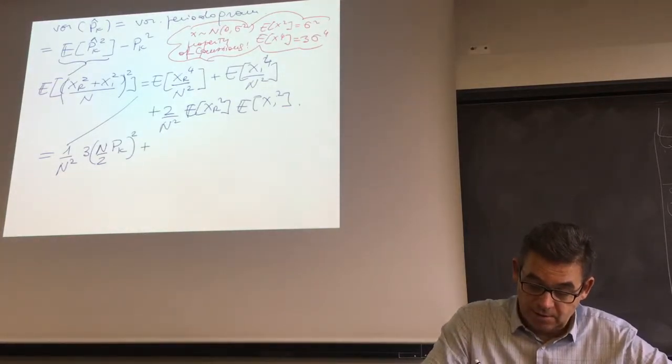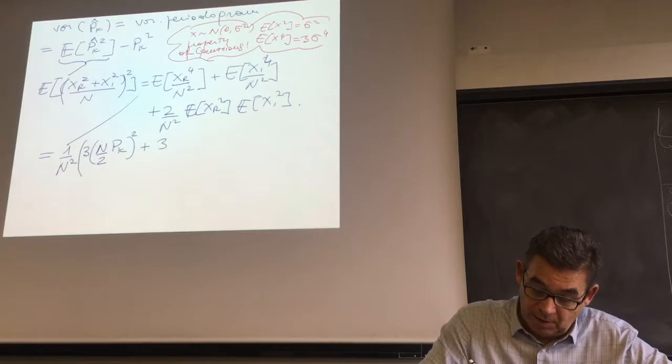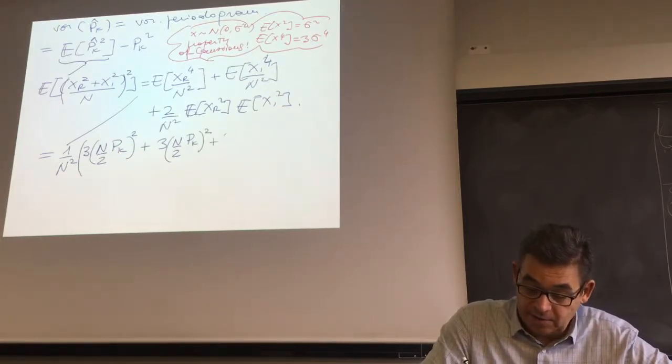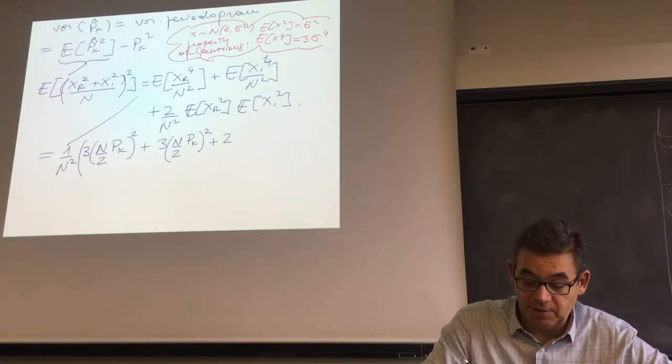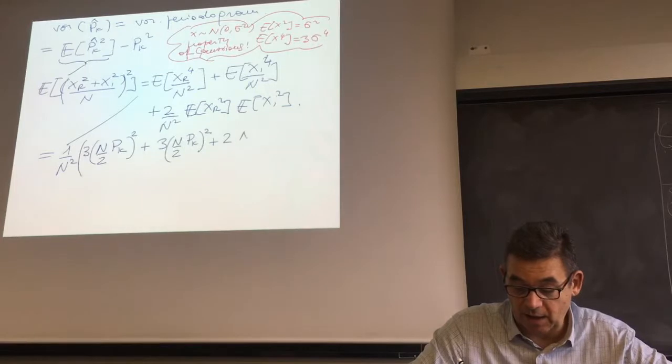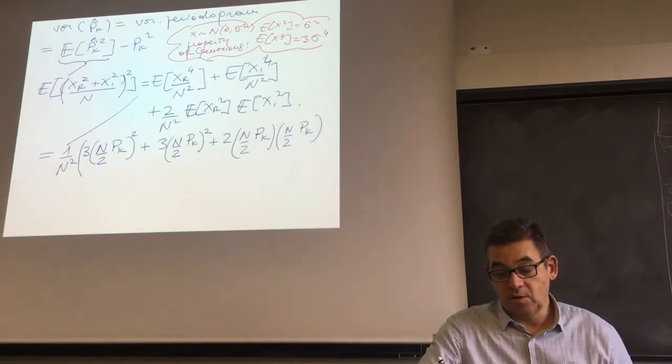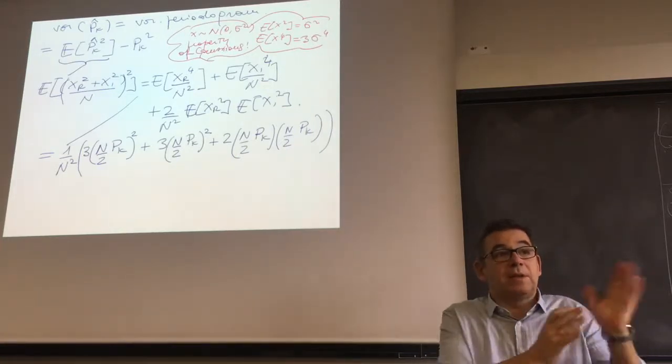Plus 3 times n divided by 2 multiplied by pk, everything to the power 2. Plus 2 times, then here I have the variance of one and the variance of the other. So I have n divided by 2 times pk, times n divided by 2 multiplied by pk. So I computed it piece by piece.